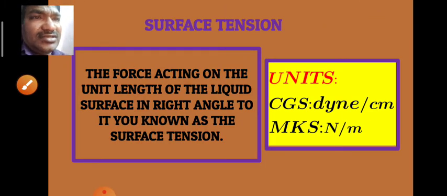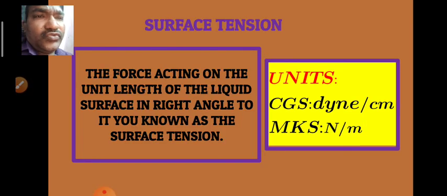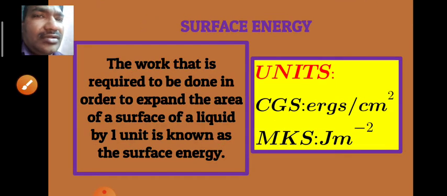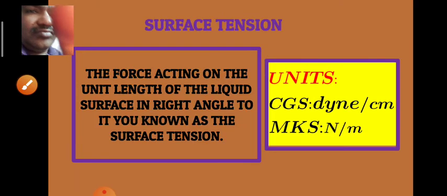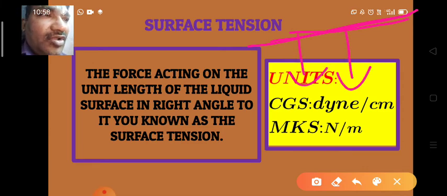Surface tension is defined as the force acting. For example, assume this as a liquid surface. Some force acts downwards into the liquid.